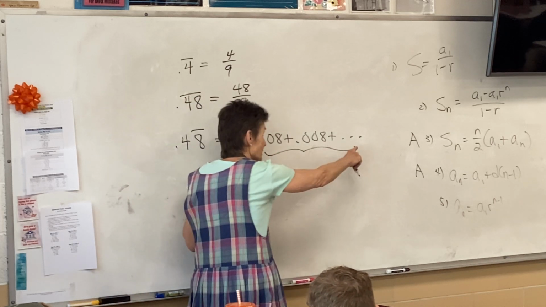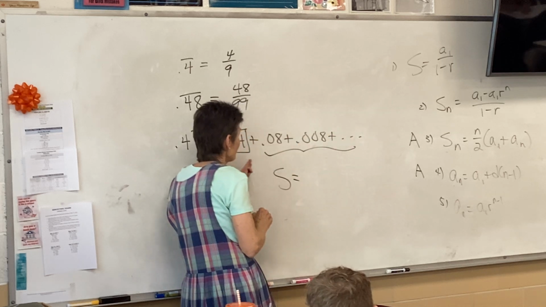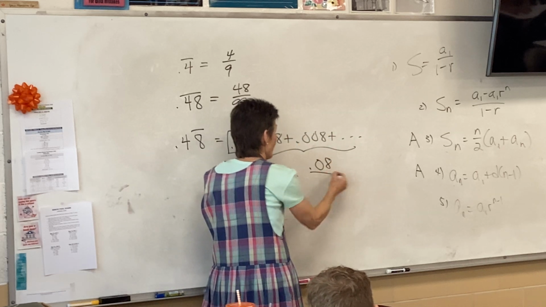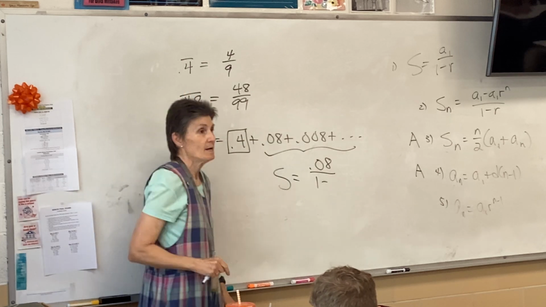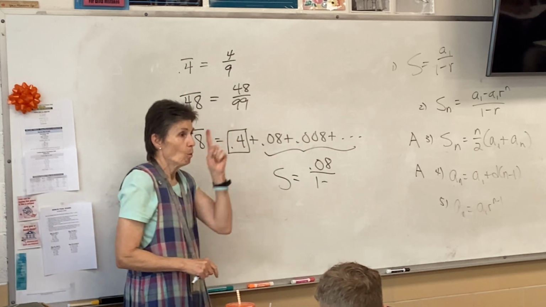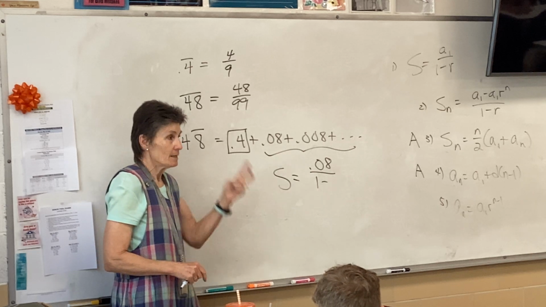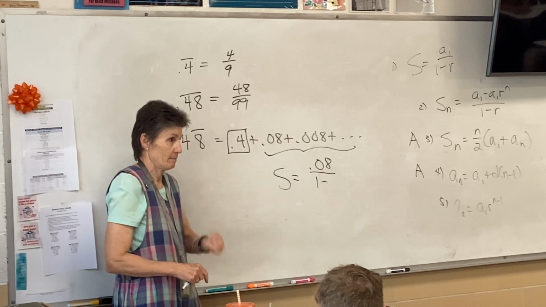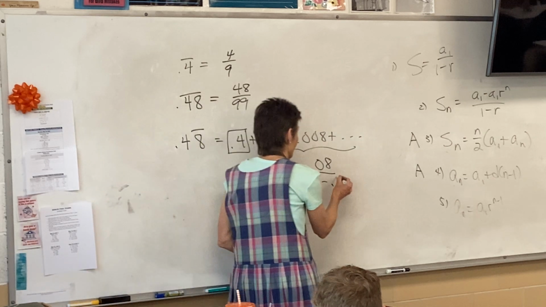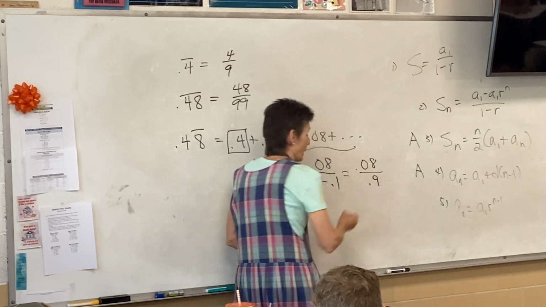It's infinite, it's geometric always, I'm using that formula up there. The first term is 0.08. What is the ratio? 0.1. How do we know it's 0.1? One number is repeating. If two numbers were repeating, it would be 0.01, but it's 0.1. So we have 0.08 over 0.9.